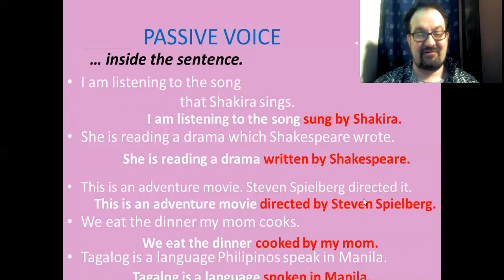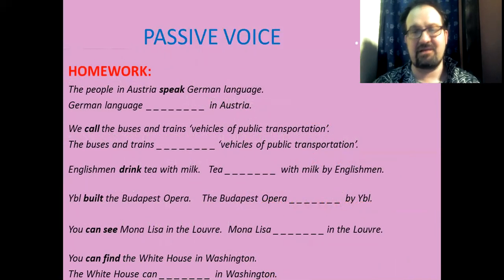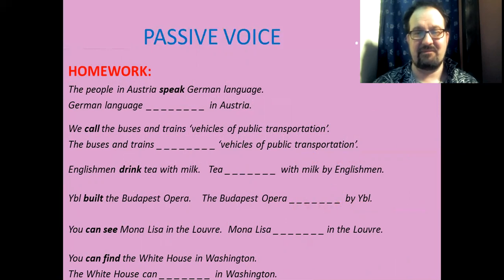The Filipinos speak Tagalog, then Tagalog is spoken by Filipinos. All right. I think it's pretty simple at the end. It only needs a lot of practice, but with practice it will come.